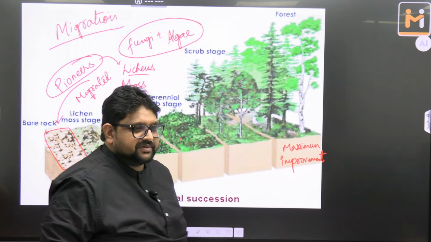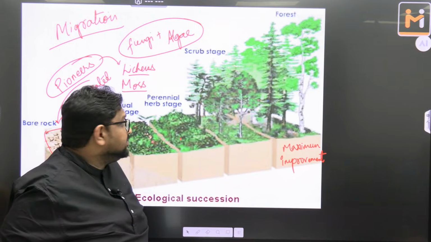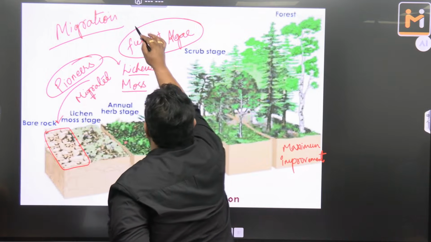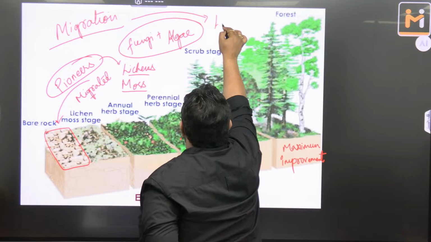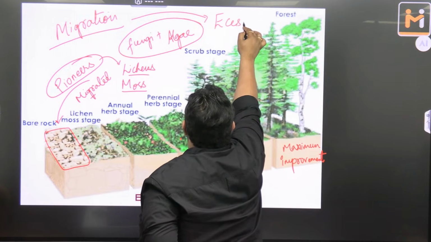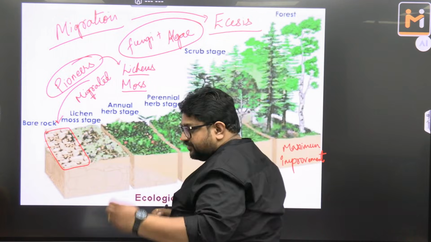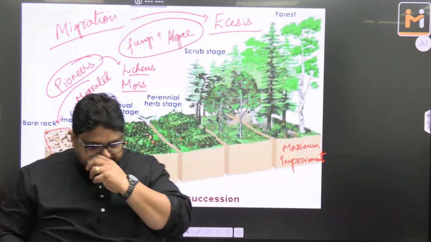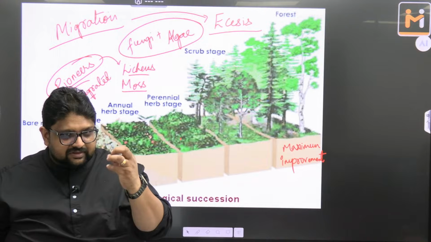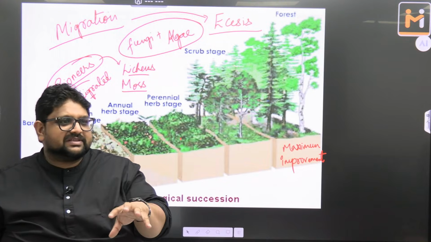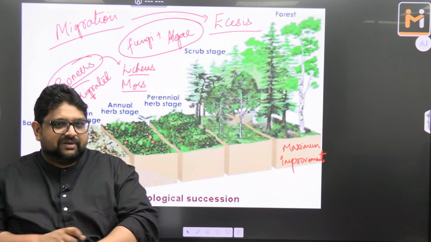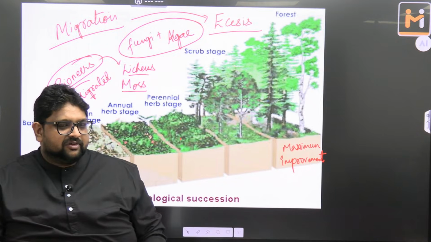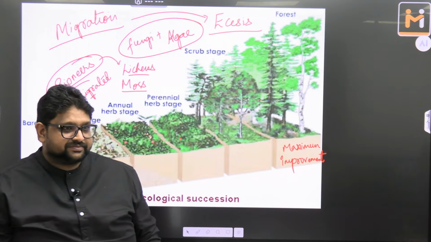That's the first step. Second, once, what will happen after migration? The second stage is ecesis. Ecesis means they will establish, they will make their presence in that environment. Say seeds, germination.